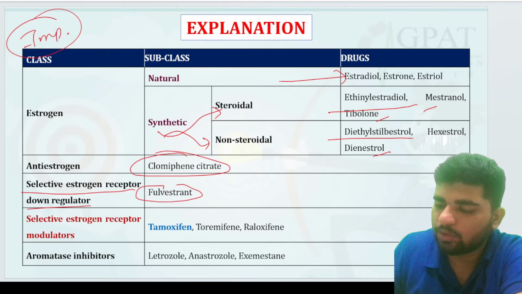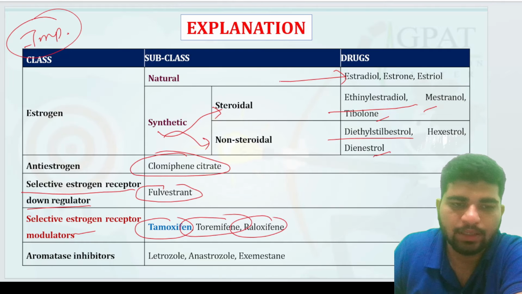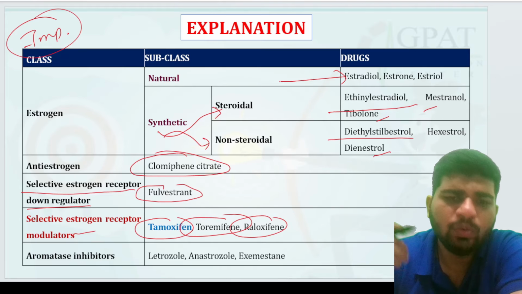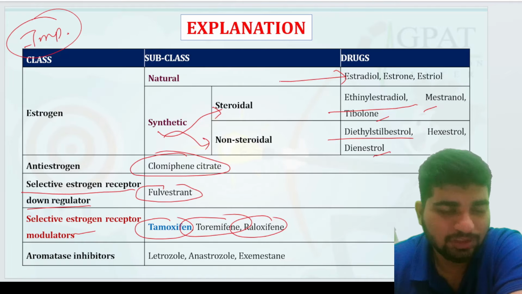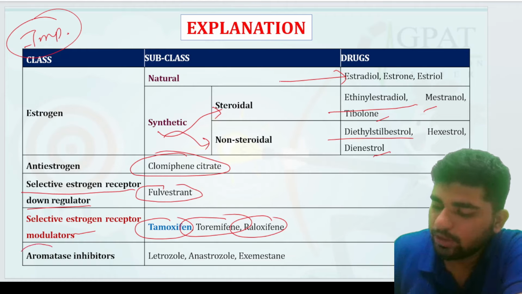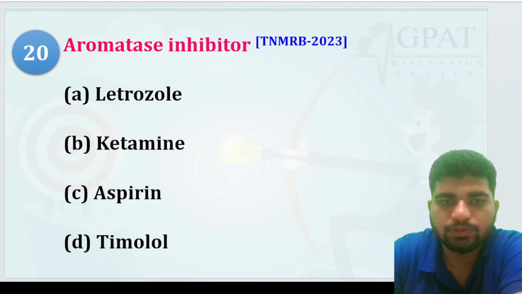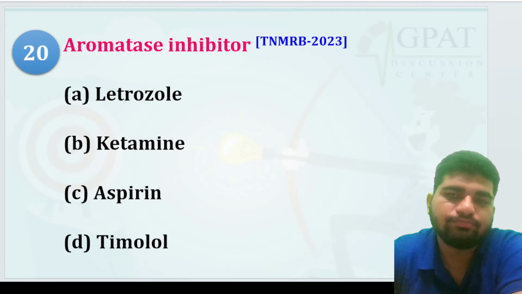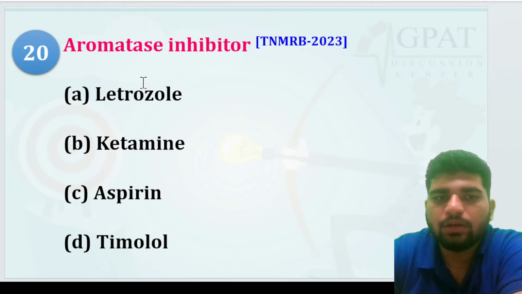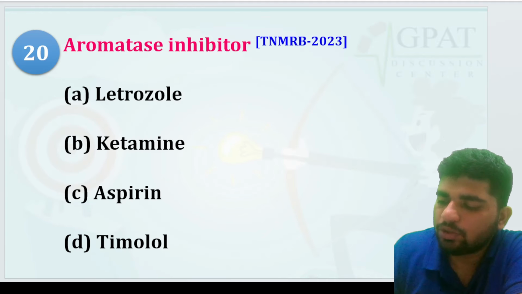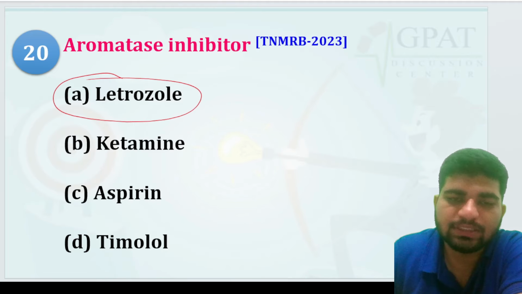Selective estrogen receptor modulators are tamoxifen, raloxifene, and toremifene. Aromatase is the enzyme responsible for converting testosterone into estrogen, and its inhibitors are letrozole, anastrozole, and exemestane. So the aromatase inhibitor is letrozole, anastrozole, and exemestane.